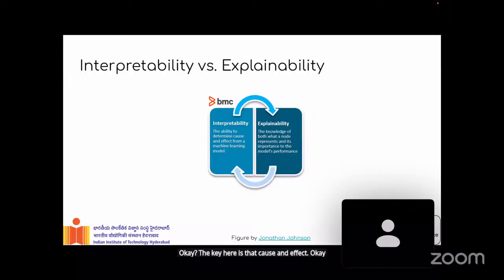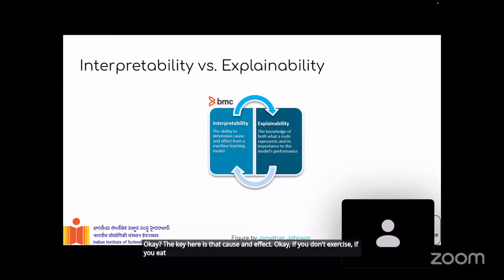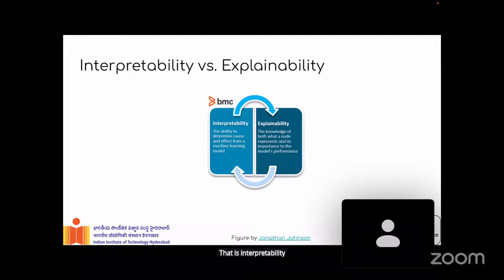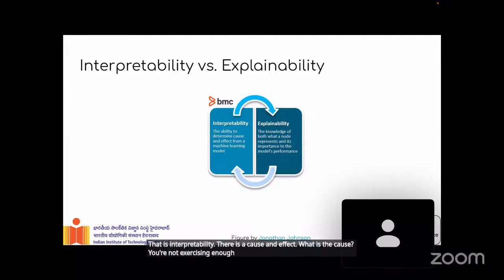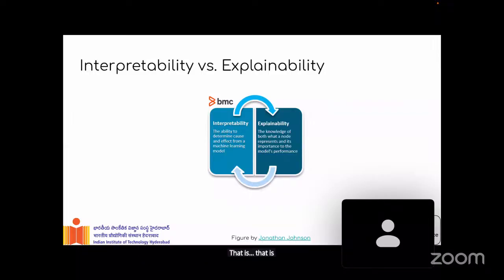If you don't exercise, if you eat junk, you are prone to get a heart attack. That is interpretability. There is a cause and effect. What is the cause? You're not exercising enough, you're not eating healthy, your lifestyle is sedentary. So that is the reason why the model predicts you're prone to some disease. That is the interpretation of the model.